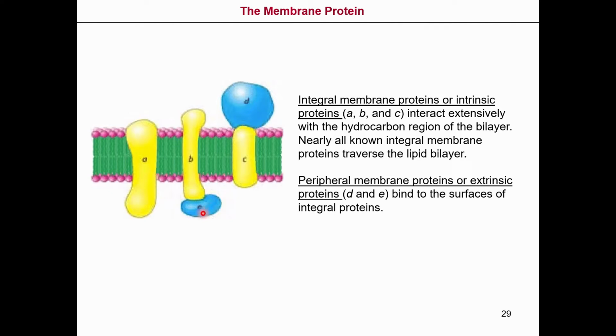And you have the peripheral membrane or extrinsic membrane proteins, the blue ones, C and D. These bind to the surface, usually of integral membrane proteins or to the polar head of the membrane.